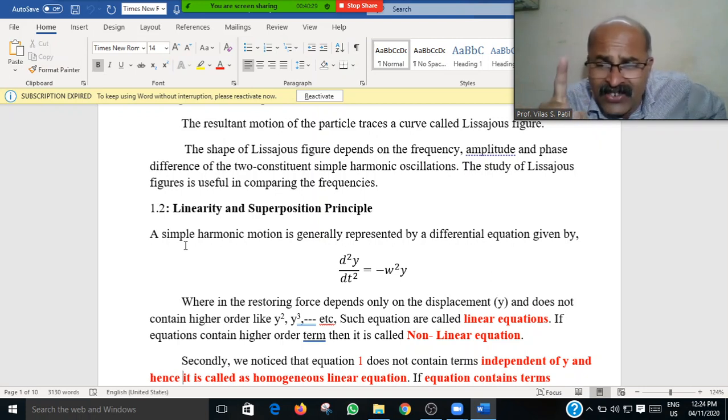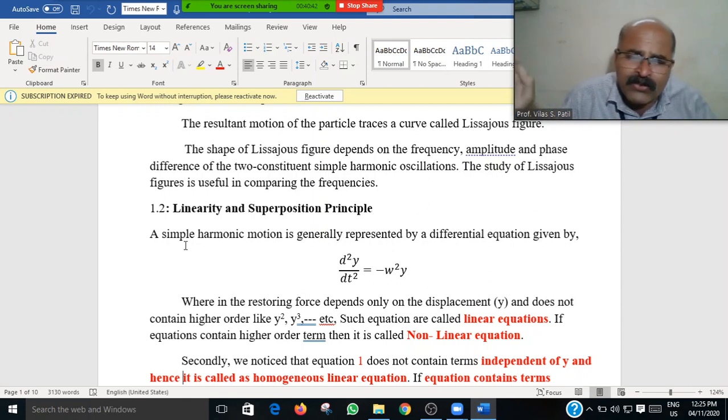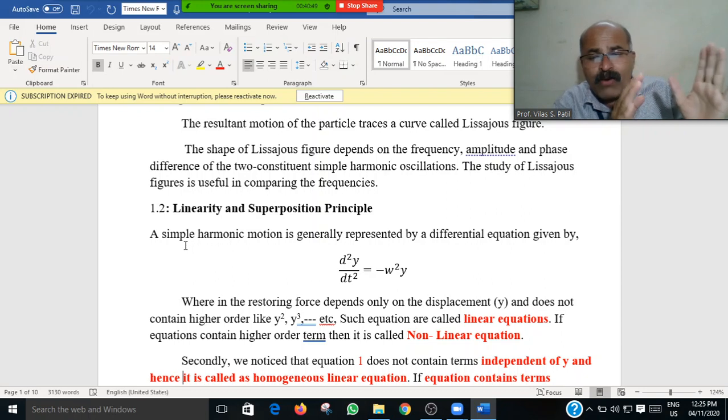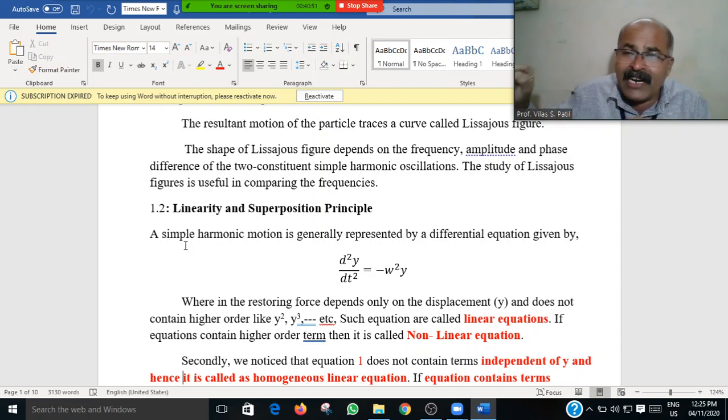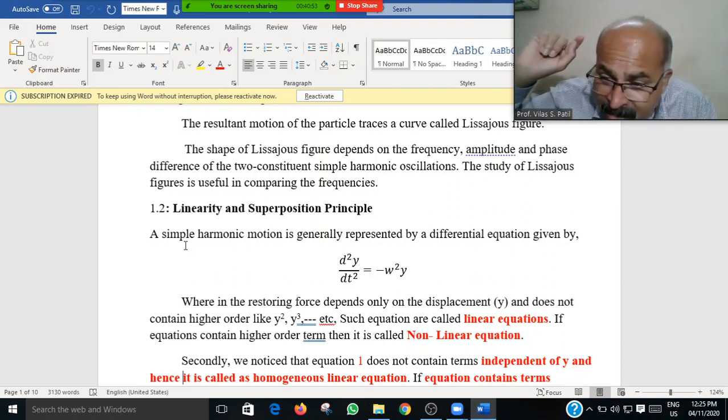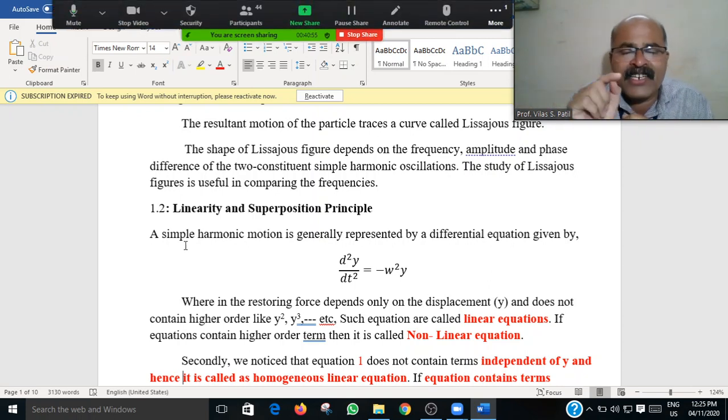This is the generalized equation of the displacement equation, which is used to calculate the restoring force, where the restoring force depends upon the displacement, that is, y is the displacement.